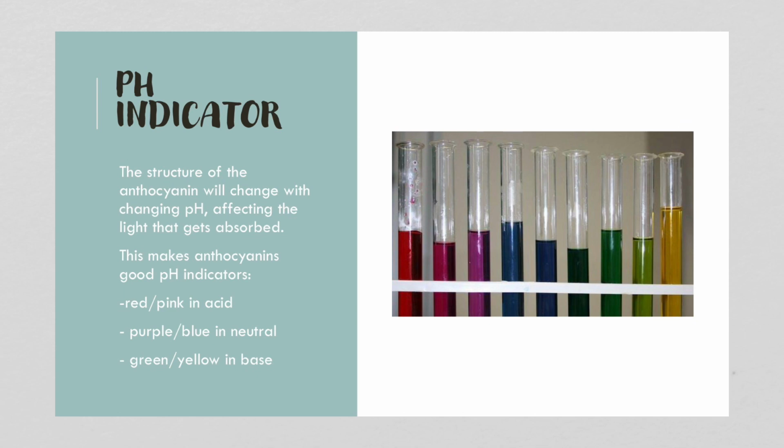So if you extract the color out of cabbage leaves and then apply that to different pHs, you can actually make this entire rainbow that you see here. And that's just the changing of the structure of the anthocyanins, absorbing light in a different way and showing you different colors. It's kind of fun. You should try it.